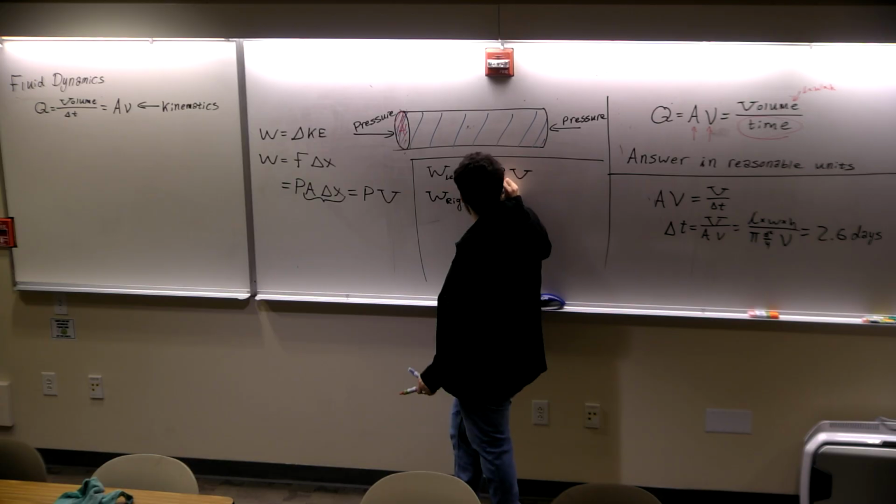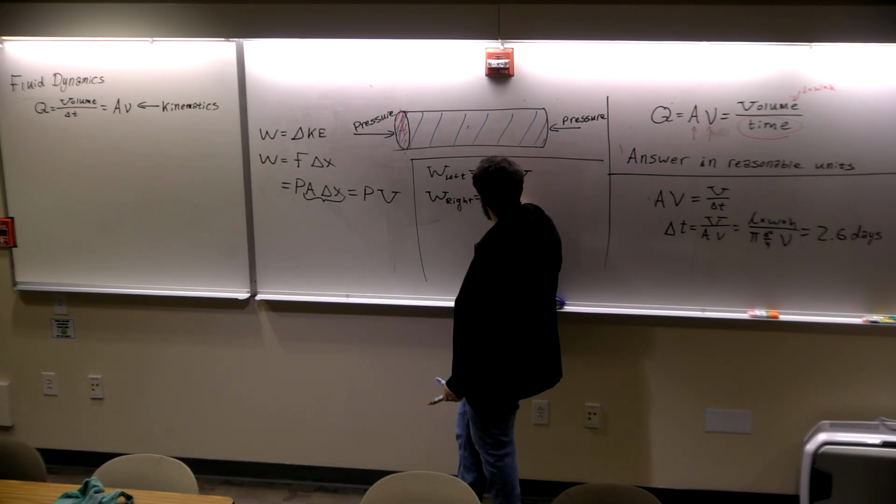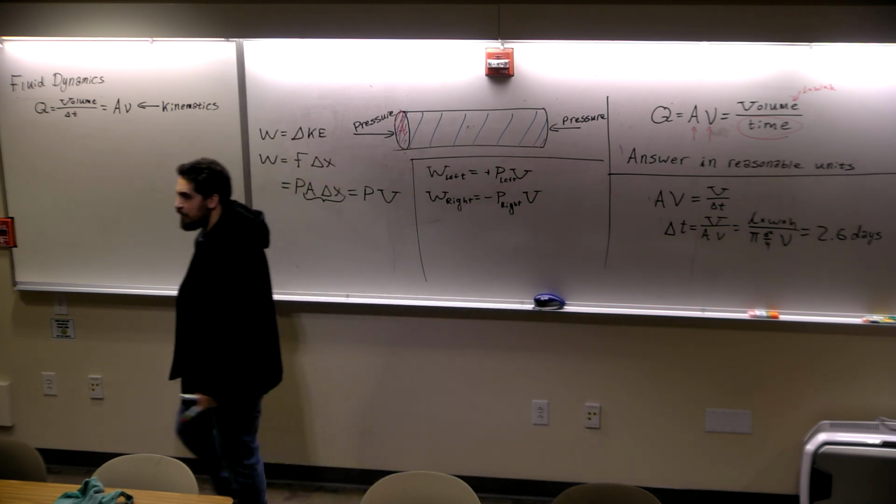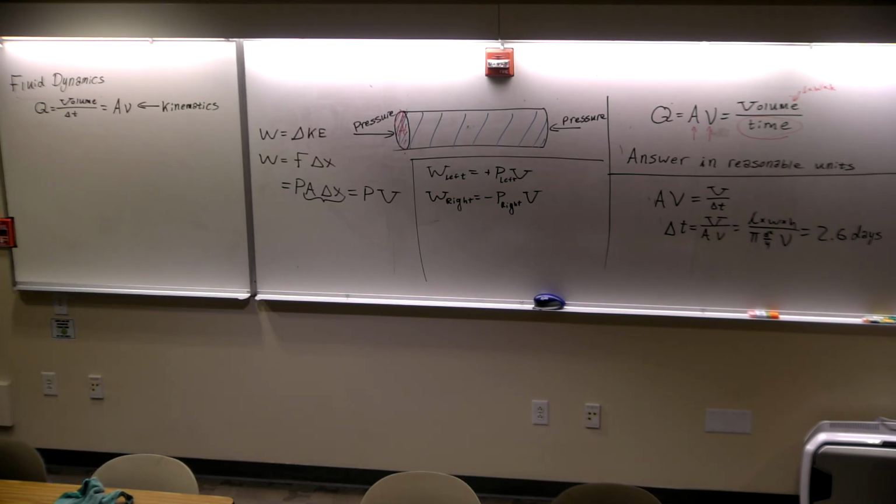And I will say this is pressure on the right times volume. And that pressure is trying to counteract the pressure on the left. Since it's trying to counteract it, I'll put a negative there. So you have pressure on the left giving us an amount of work equal to positive PV, and then negative PV on the right. And there are going to be different pressures.